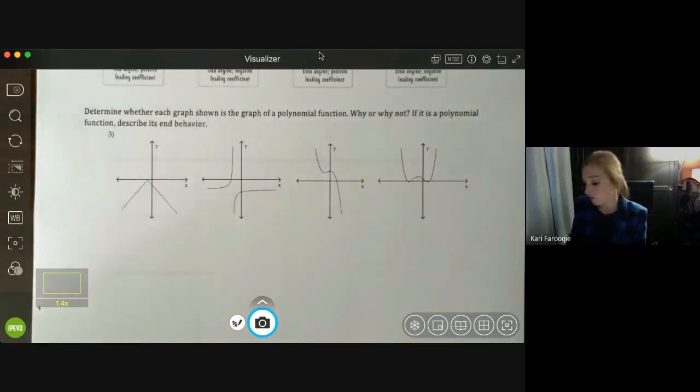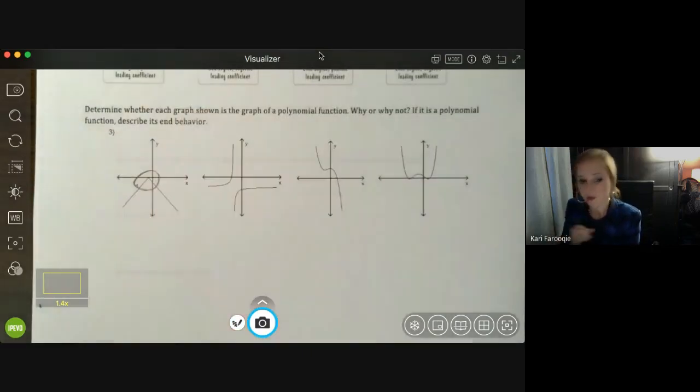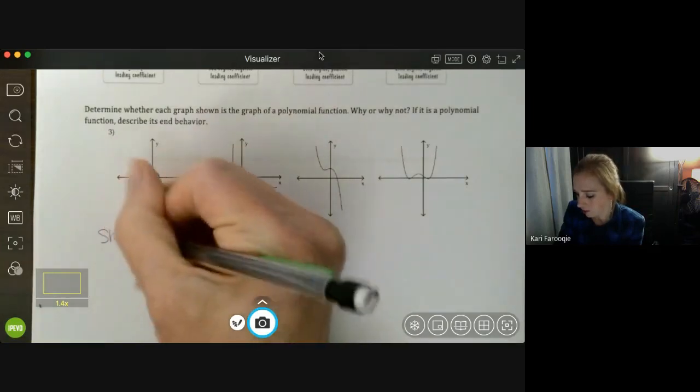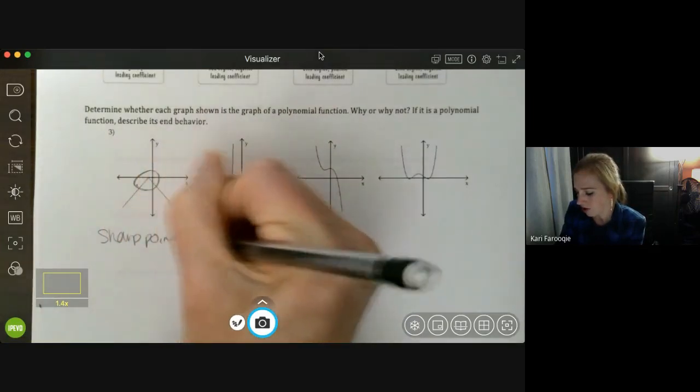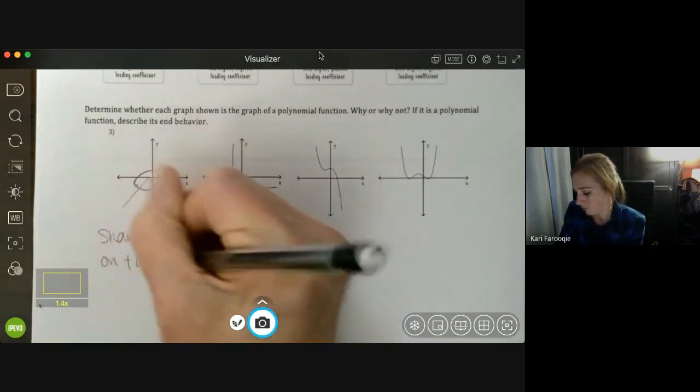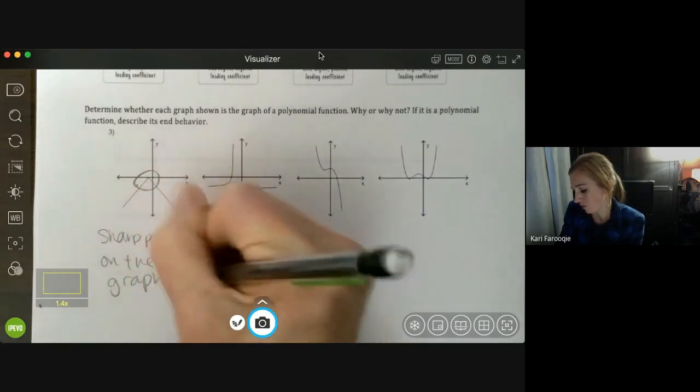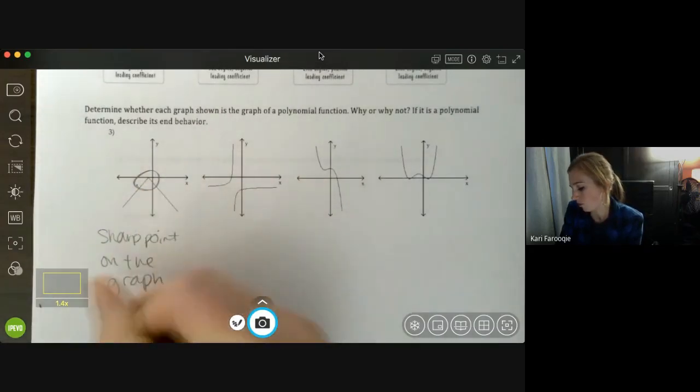Remember, and this was discussed on the first page, your polynomial function is going to have a graph with smooth rounded corners. This is a sharp point. It is not a smooth rounded corner. So you would say sharp point on the graph means that it would be not a polynomial.